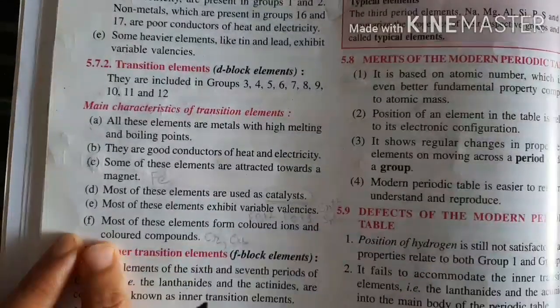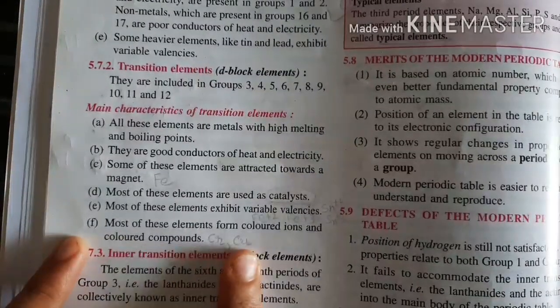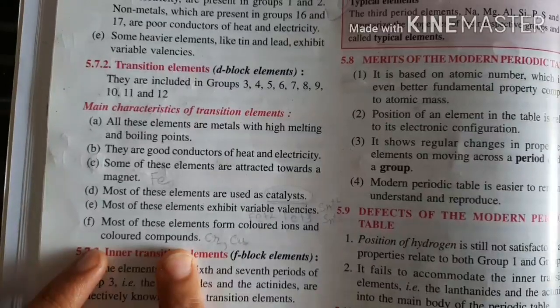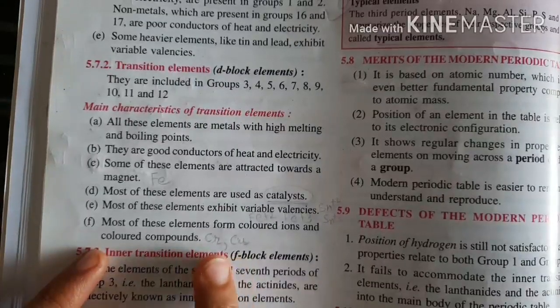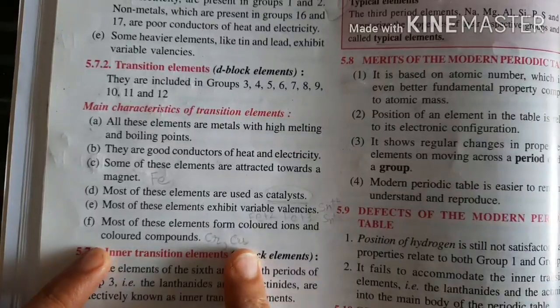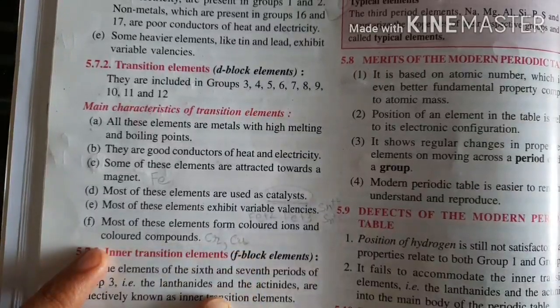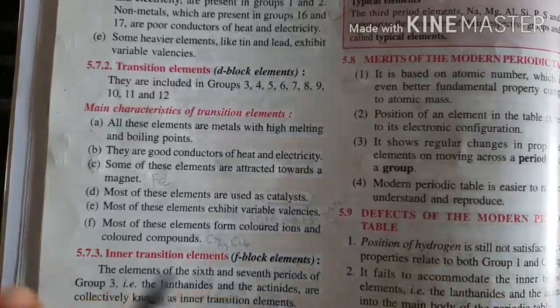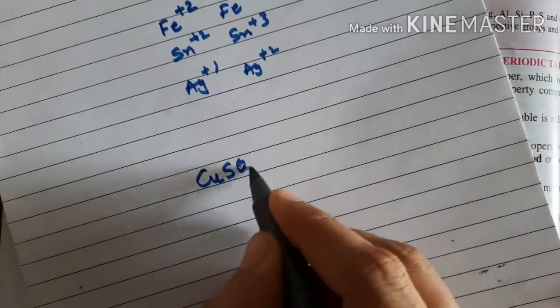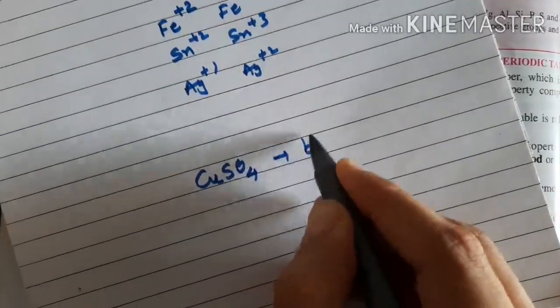Next, most of these elements form colored ions and colored compounds, which means that when a particular element forms a compound, that compound has a particular color. For example, copper sulfate, CuSO4, forms blue color.